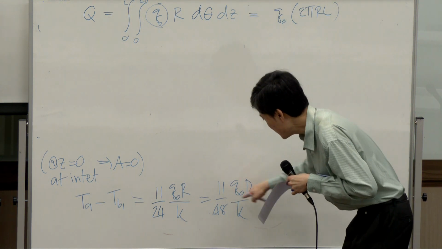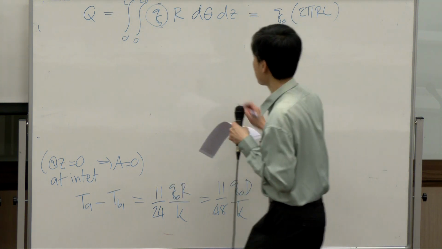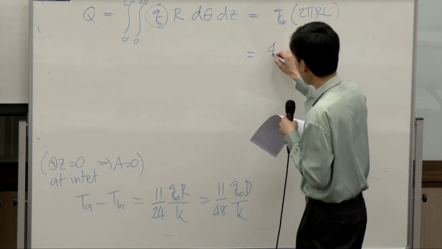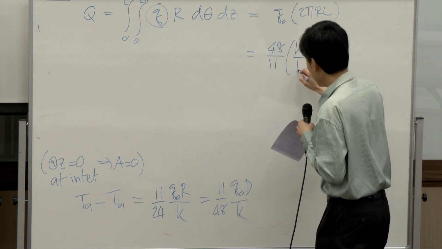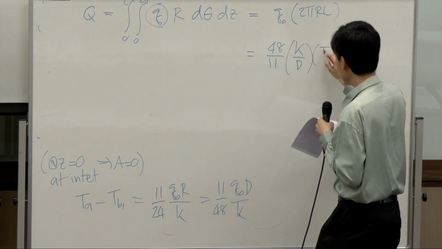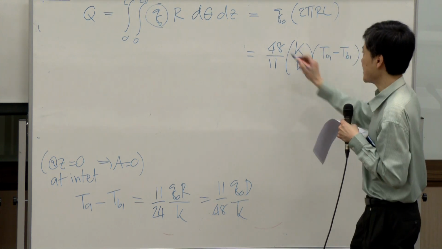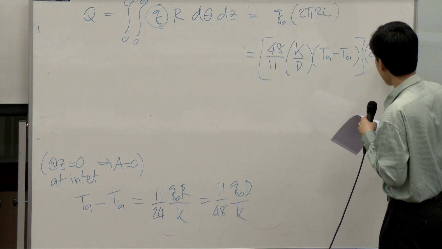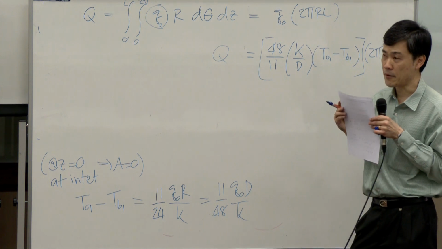So if I remove everything else except Q to the other side, I will get Q0 to be 48 over 11 K over D times T01 subtracted by TB1. That's Q0 multiplied by 2 pi RL. That would be my total heat transfer throughout the pipe.